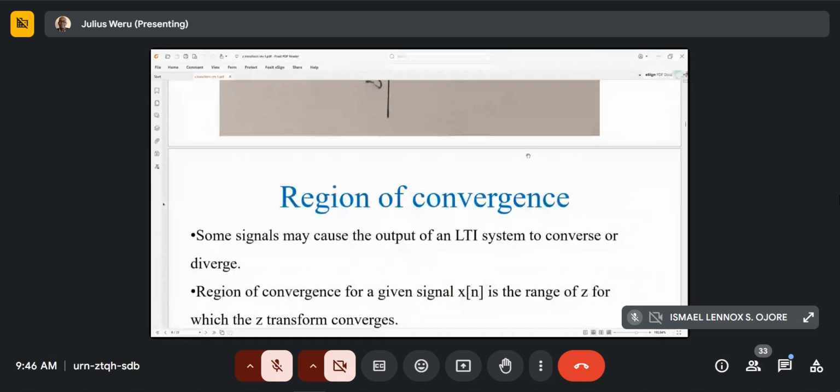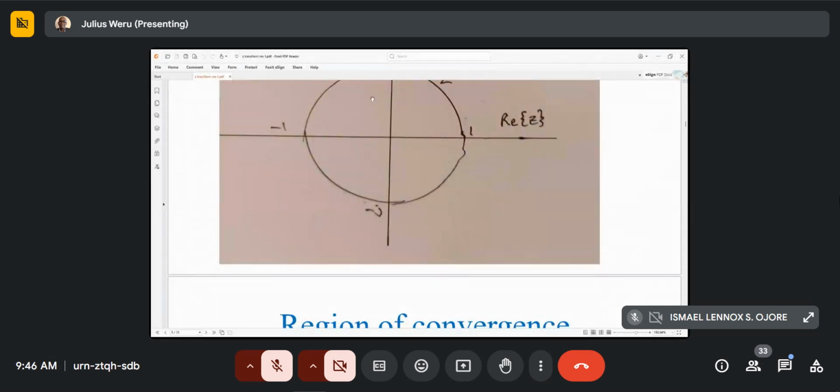This must be part of the region of convergence. So the region of convergence of the Z transform gives us very crucial information about that system.